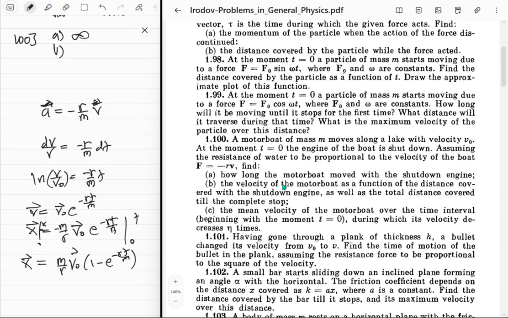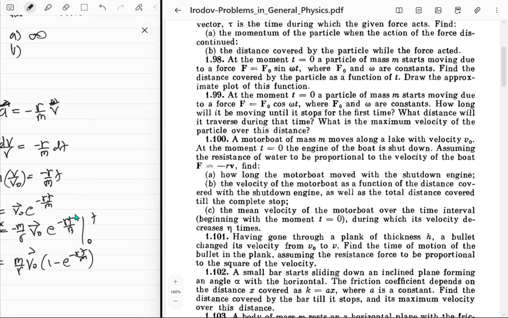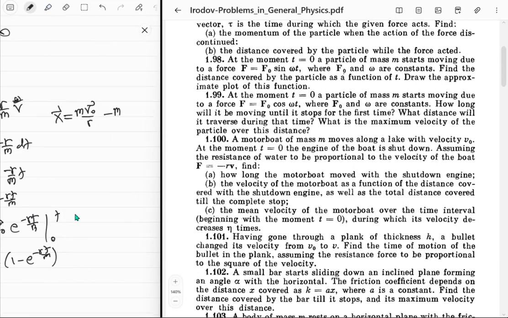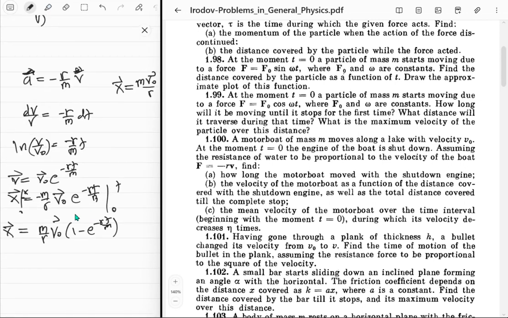And what we actually want is the velocity of the motorboat as a function of the distance covered, right? So from here, you want to write v vector. You can write x vector is equal to m v naught vector upon r minus m upon r times v naught vector e power, all that stuff.